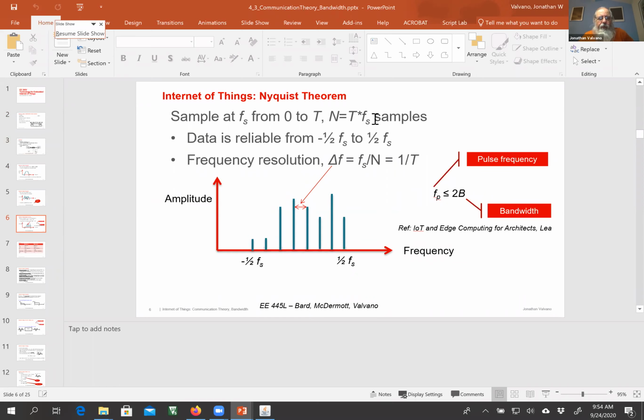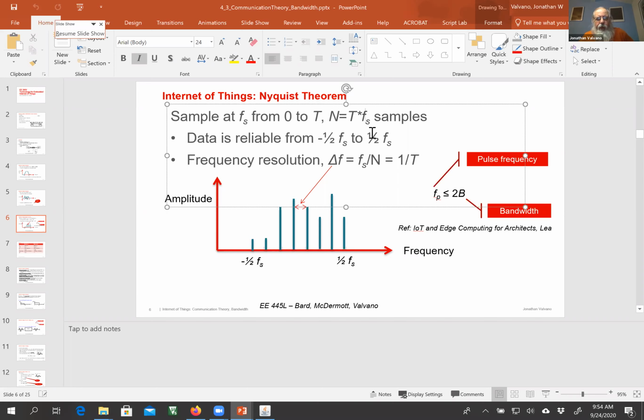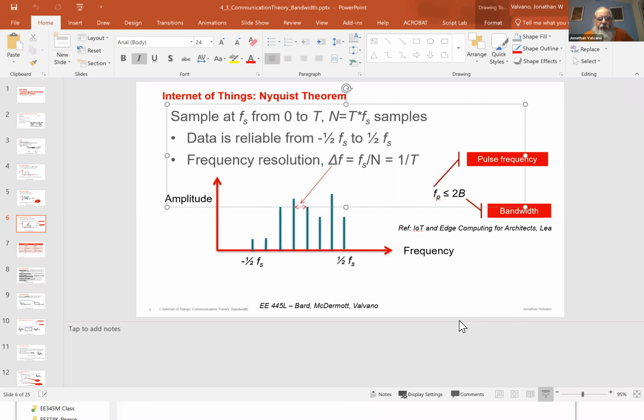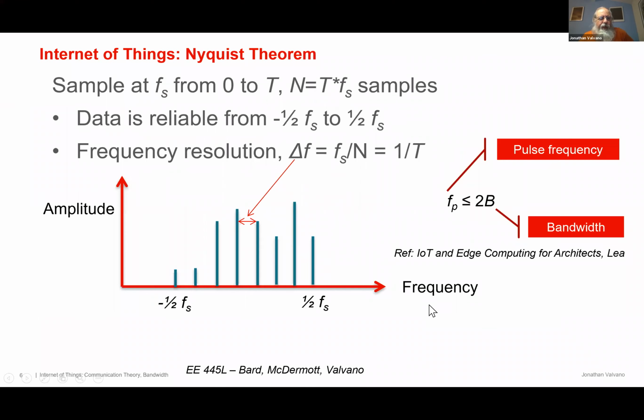Did I fix that one? Yes, that's right. Samples per second. The other thing when you read this chapter is the point I was trying to make: bandwidth is a very elusive term in what they mean.